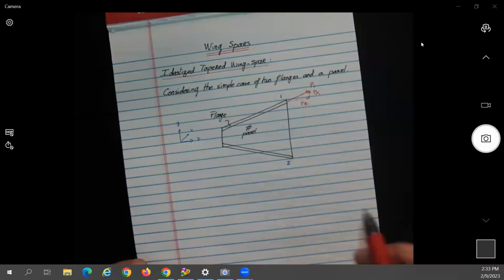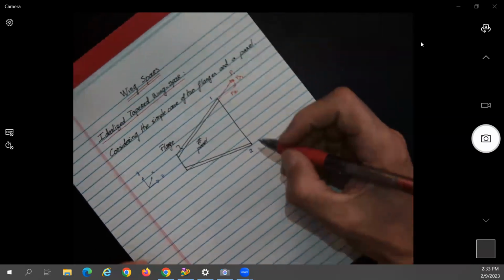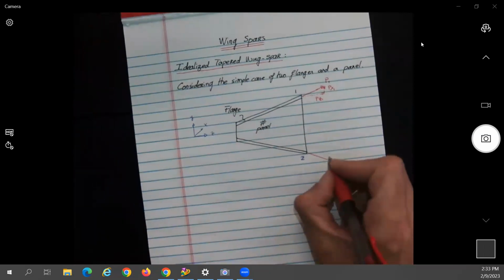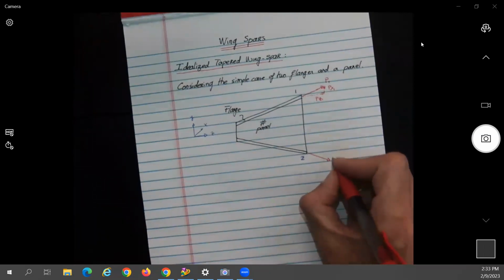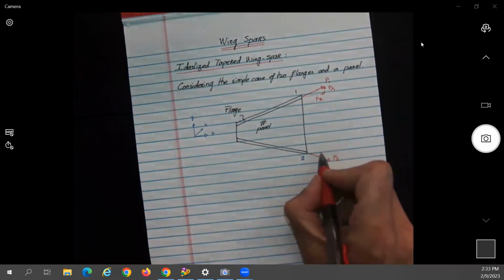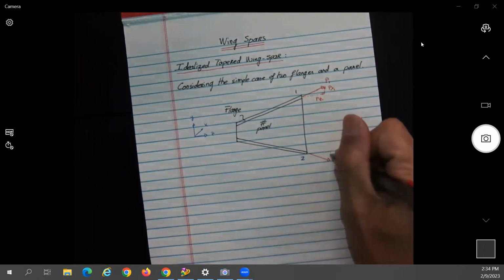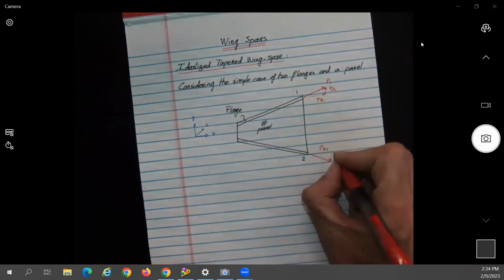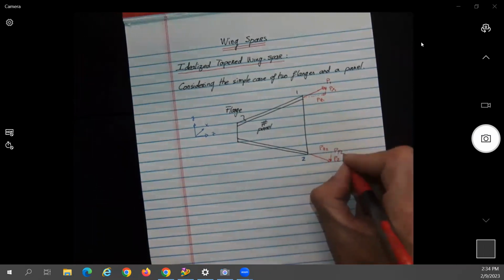And you're going to have the same thing over here. Along the second stiffener or flange, this will be P2, so this will be PZ2 and this will be PY2.